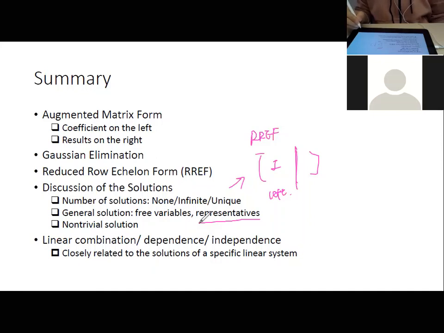And lastly, we talked about 3 new concepts: linear combination, linear dependence, and linear independence. I think you should bear in mind that the 3 concepts are closely related to the solutions of a specific linear system. And for the specific linear system, the end of the equation should always be 0.